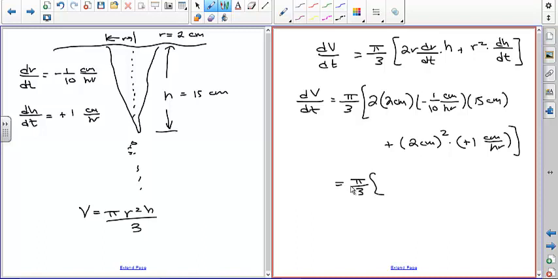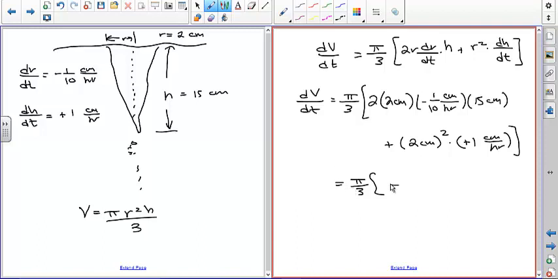So let's plug that into our calculator. So it's 2 times 2 divided by 10, divided by -10, times 15. So I'm going to actually put the numbers down.